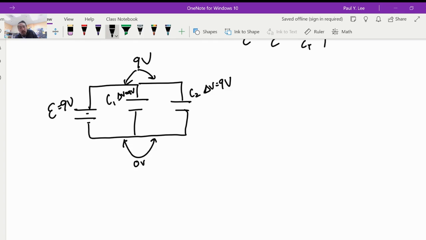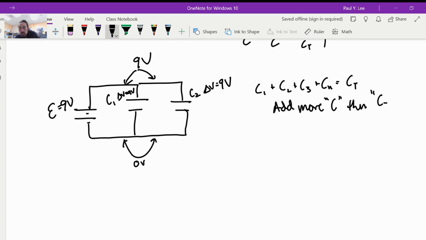So the idea here is that as you add each capacitor in parallel, the overall capacitance will increase. Let's write that down. Add more C, then C total increases. It's a directly proportional relationship.